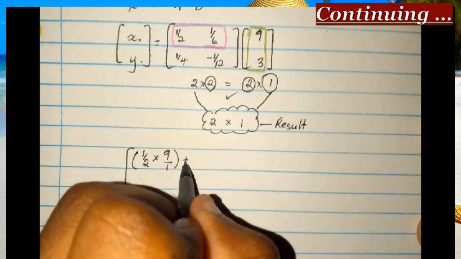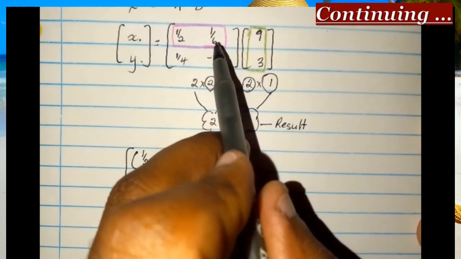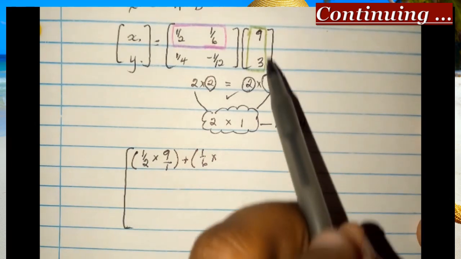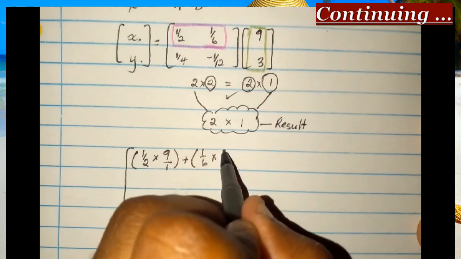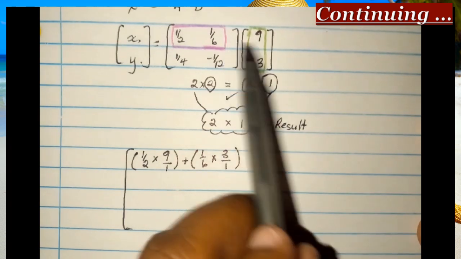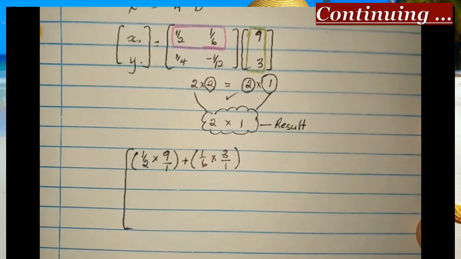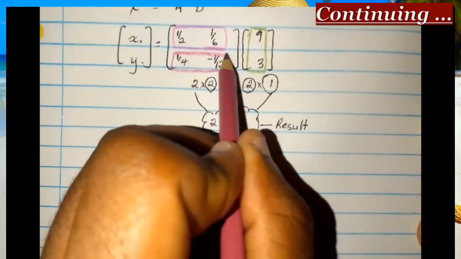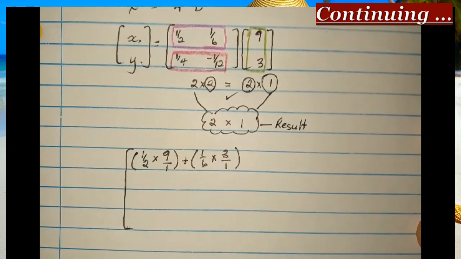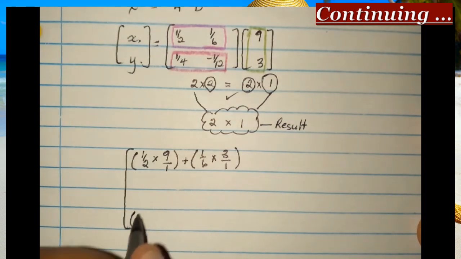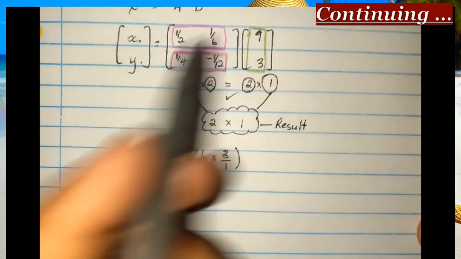Then I'm going to add to that the second element in the row, which is 1/6, multiplied by the next element in the column, 3. So I'm finished with this row and this column. Moving on to the next row, and the same first column. So the first element in the new row is a quarter, multiplied by the first element in the column, which is 9.